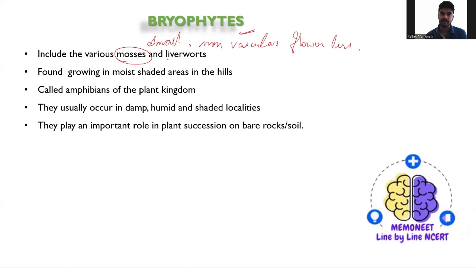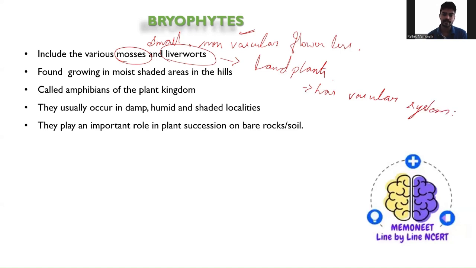Whereas the liverworts are basically land plants, and it is opposite to that. That means it has a vascular system, and even this is also somewhat flowerless itself. So this is about the bryophytes.